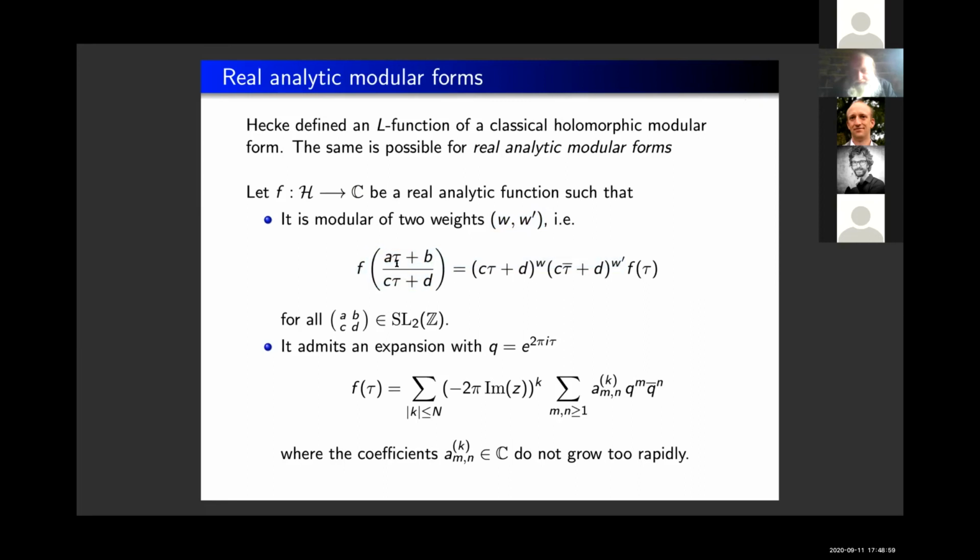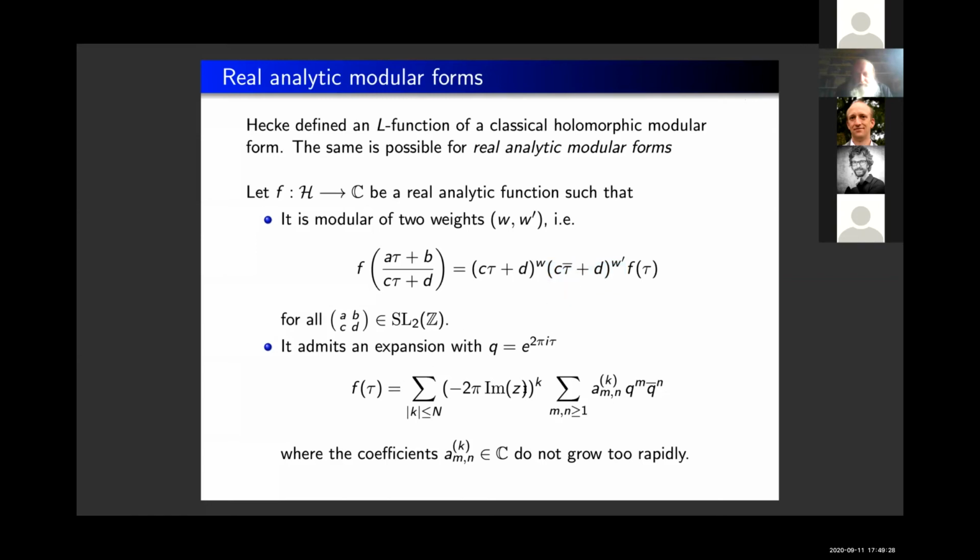So if you apply a modular transformation, Möbius transformation, then you get back the same function, but multiplied by a holomorphic automorphy factor, c tau plus d to the W. This is very familiar from the classical theory of modular forms. But what's new is this anti-holomorphic transformation factor, c tau bar plus d to the W prime.